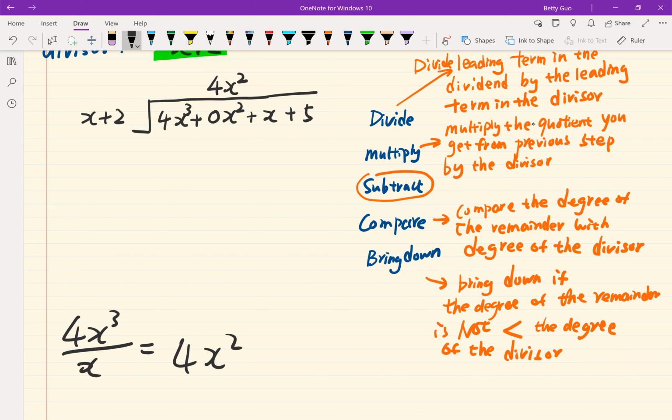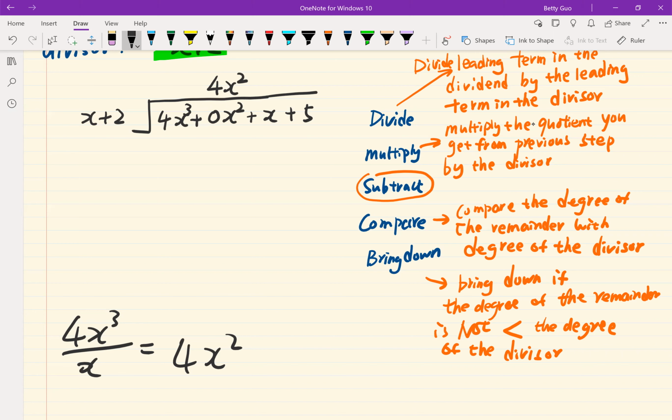Do you see what I'm talking about? In order to do long division, you have to keep everything very organized. Make sure vertically all the terms are like terms.